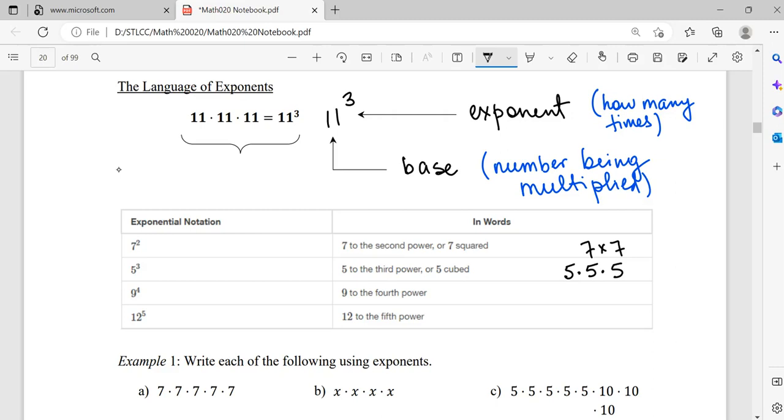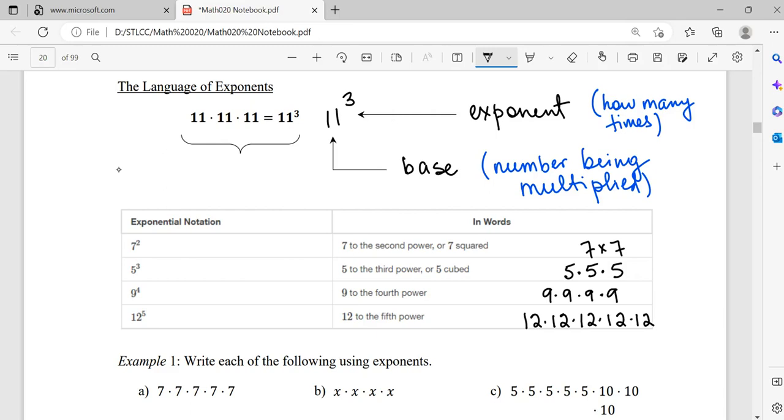Then we have 9 to the fourth power, which means 9 times 9 times 9 times 9. The 9 is being multiplied, and 4 is how many times. At the end, 12 to the fifth power, you can also write as 12 times 12 times 12 times 12 times 12, 5 times.